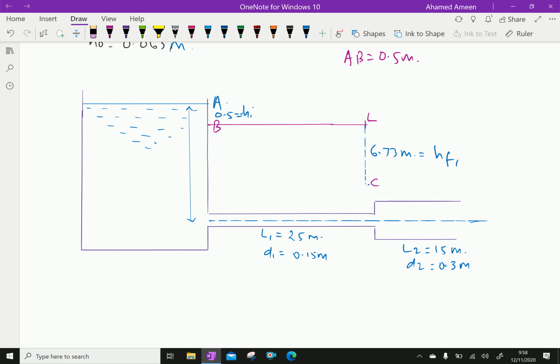Now draw a straight line exactly from there to the point D.